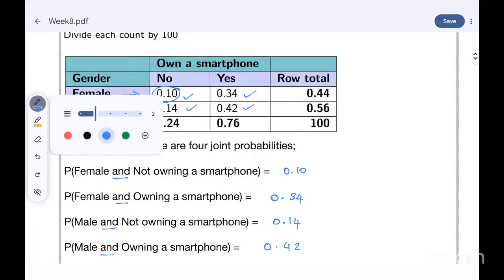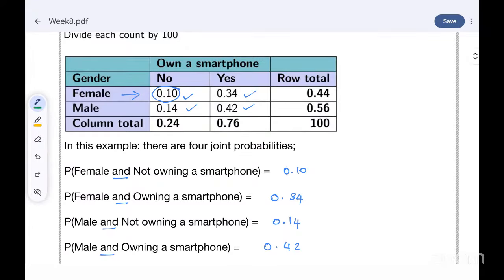So just to relate what we saw earlier to this one, let us say the females are represented with A, males are represented with B. And for not owning a smartphone and owning a smartphone, maybe I should simply write NS and OS. So the first one represents probability of A intersection NS.